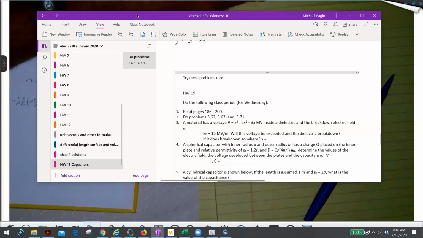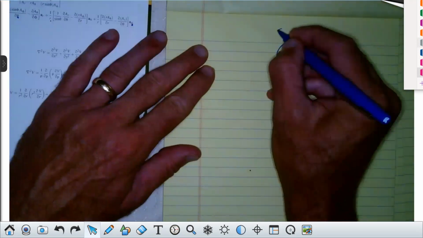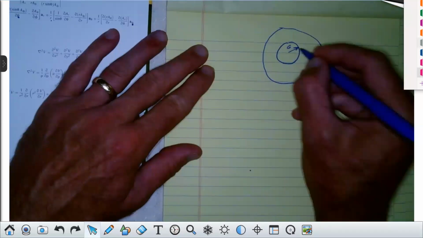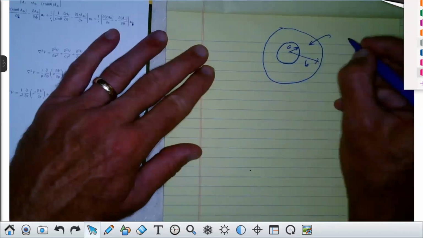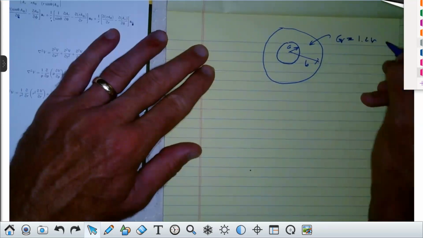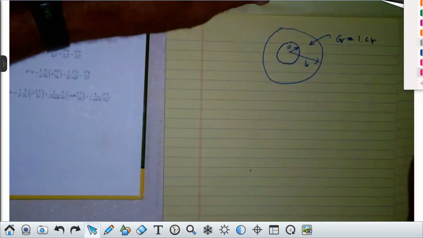We have a spherical system with inner radius A, outer radius B, and in here I have epsilon relative equal to 1.2 R. You all with me, everyone?